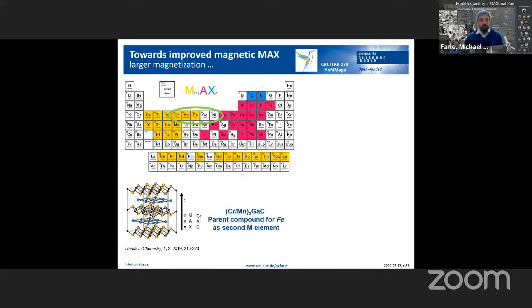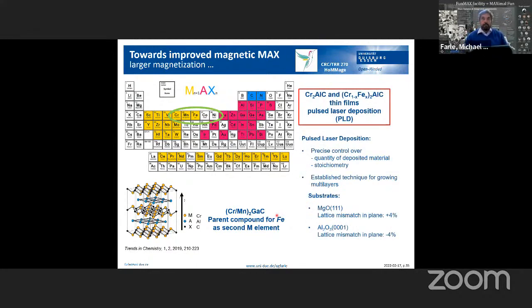Starting with the parent compound chromium gallium C, Ulf Wiedwald tried to incorporate iron as a second M element. He did that with pulsed laser deposition.